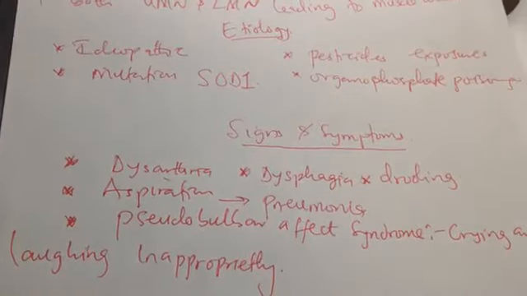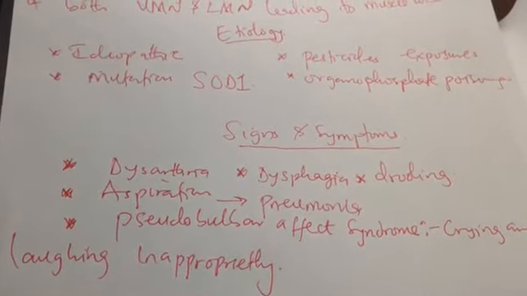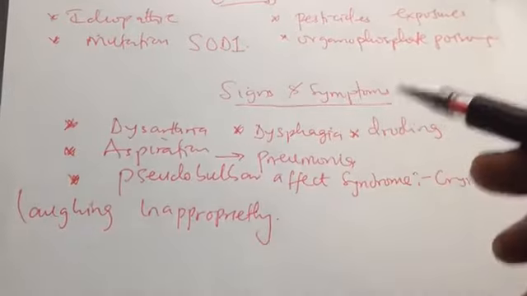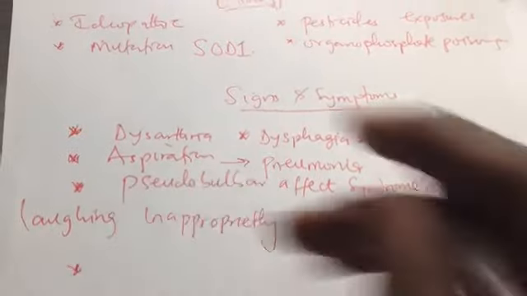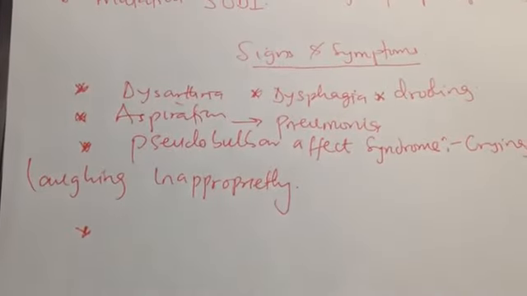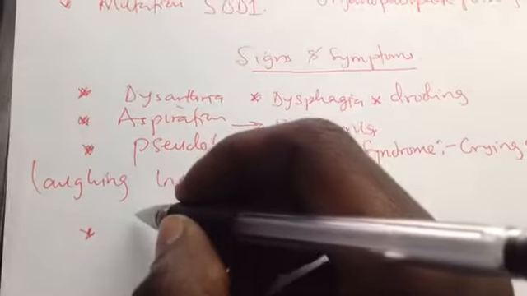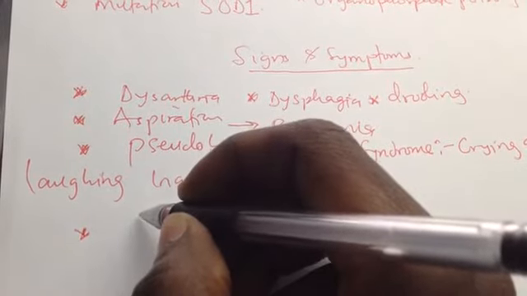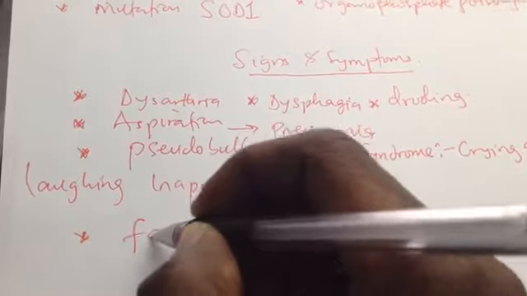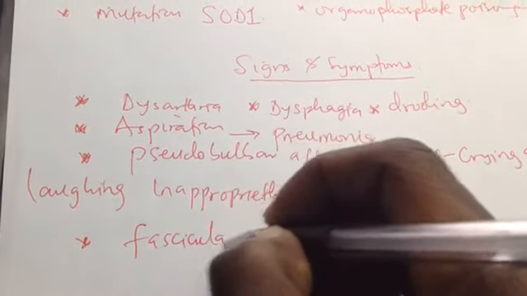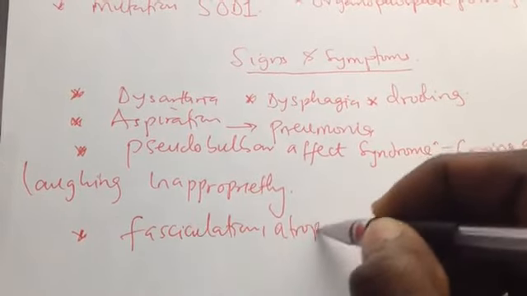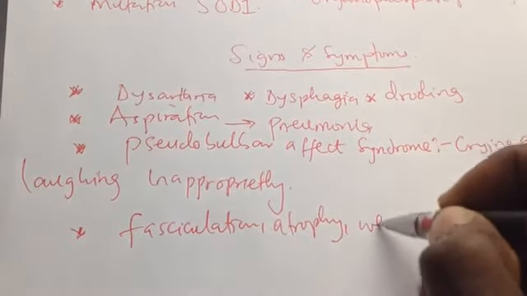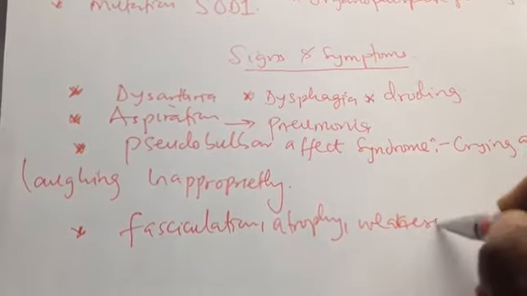Then we have another kind of symptom, which is not actually typically a symptom, but a sign. You as a physician will see these signs. Since the patient has lower motor neuron involvement, definitely in the muscle groups that are affected, the muscles will show fasciculation, atrophy, and then weakness, that is decreased muscle strength.